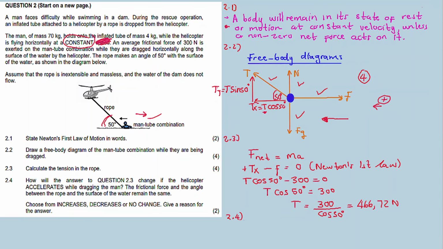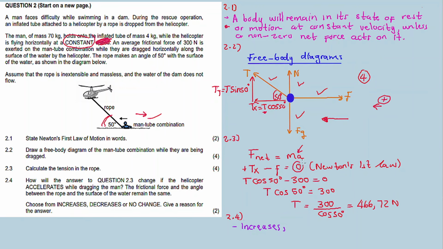I say the tension will increase. It increases. Why do I say that? Now, if we accelerate, it means it's no longer Newton's first law, it's Newton's second law. What about the friction now? So we no longer have 0 here. Now it becomes a number.